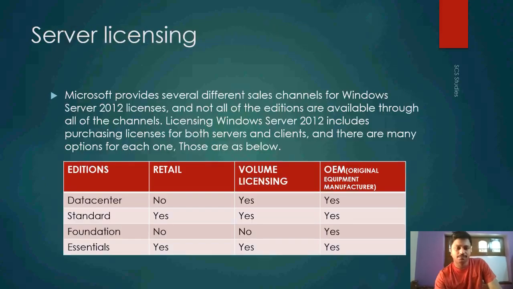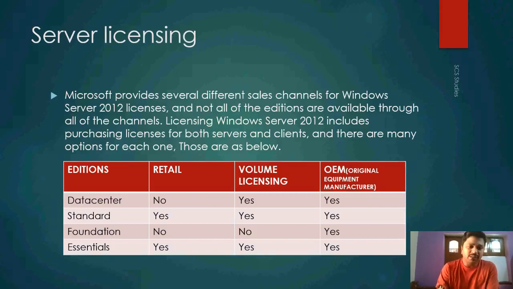Now, next we have to understand the standard edition. In the standard edition, we can get it from the retail shop. Yes, we can get it from the retail shop. We can get it from volume licensing, and OEMs can also provide us the standard edition license, including with their hardware.